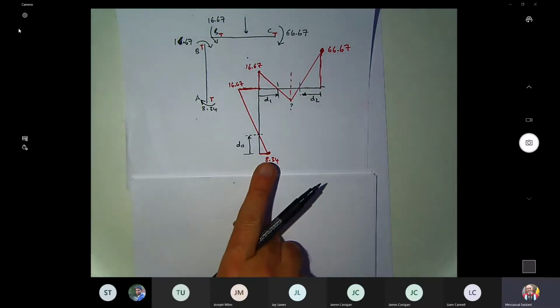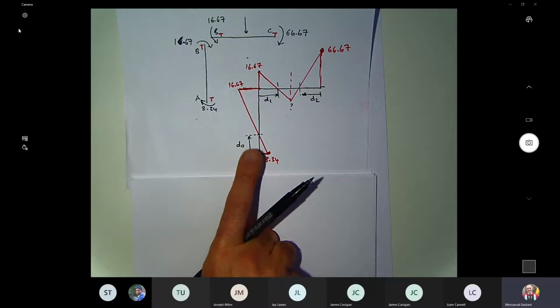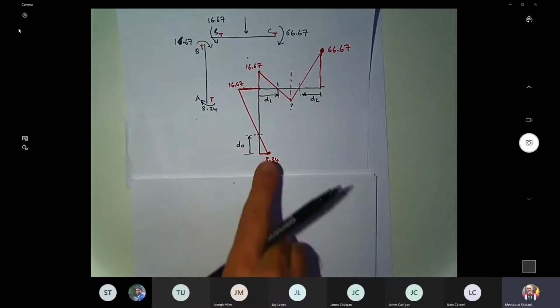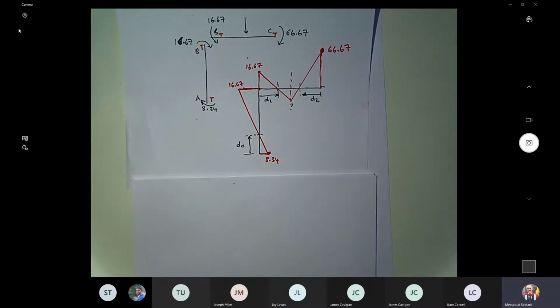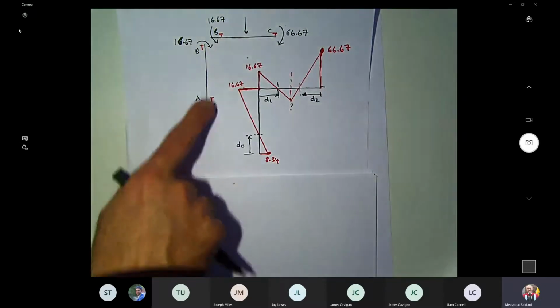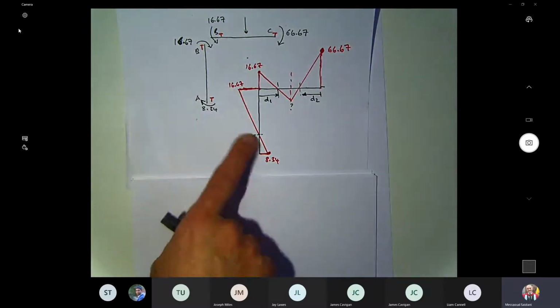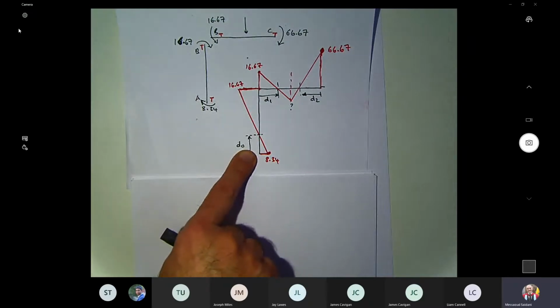Right, so let's determine the point of contraflexion here. How can we determine the location of the point of contraflexion? There are 2 ways. Either you take this member here, turn it around, determine the reaction forces, and then determine the point of contraflexion.